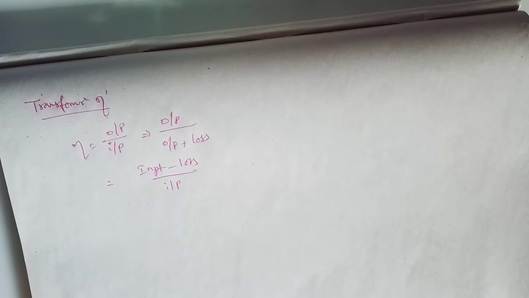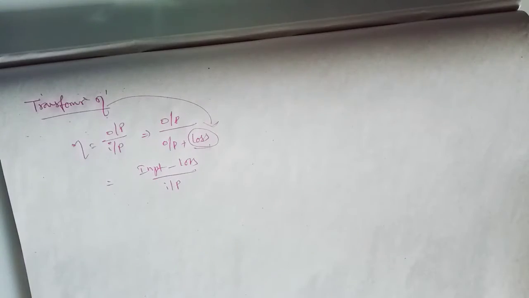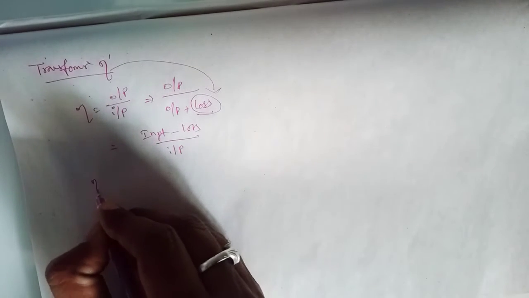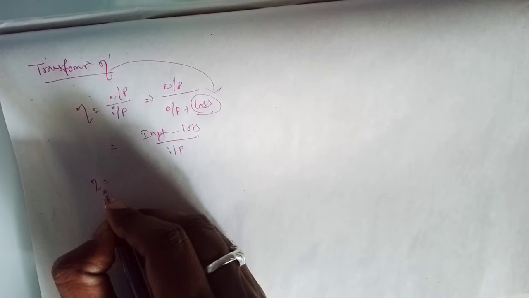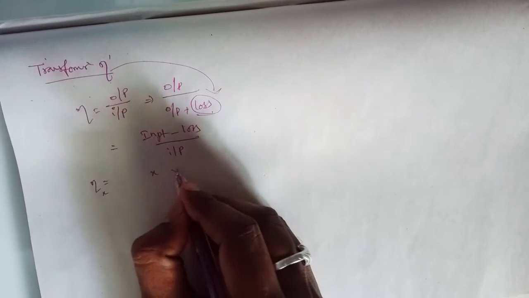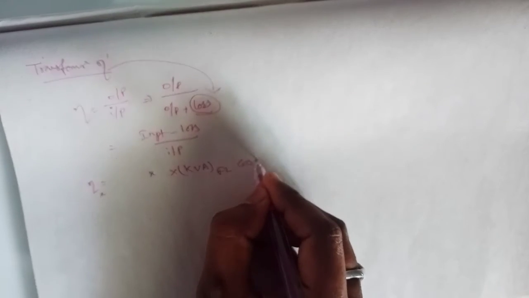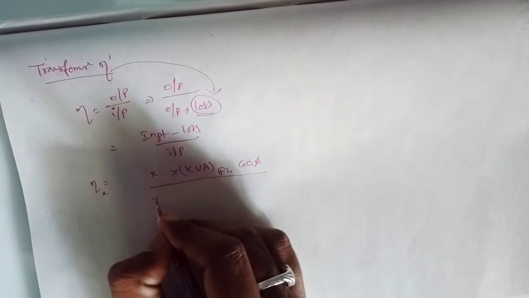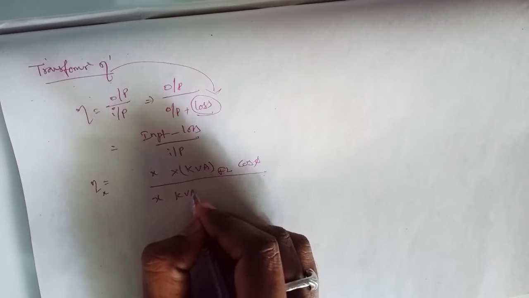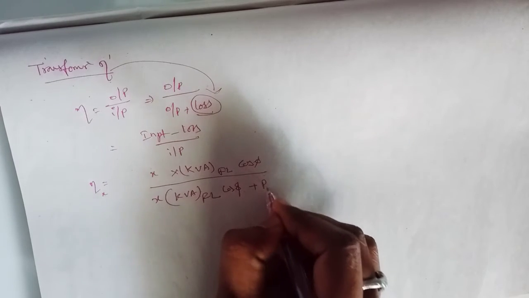So here, one more thing you have to know is losses. Does a transformer have losses? Yes, a transformer also has losses. So the efficiency of a transformer at any load can be given as: at any load, times the kVA rating of full load times cos phi, by any load times the kVA rating of full load times cos phi, plus losses.